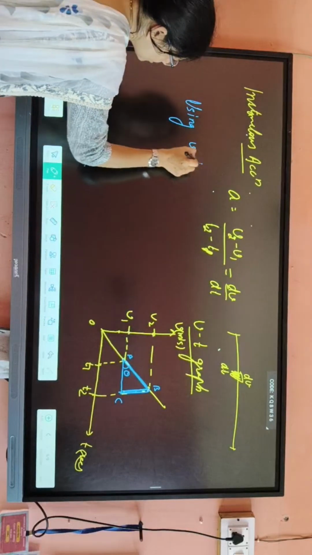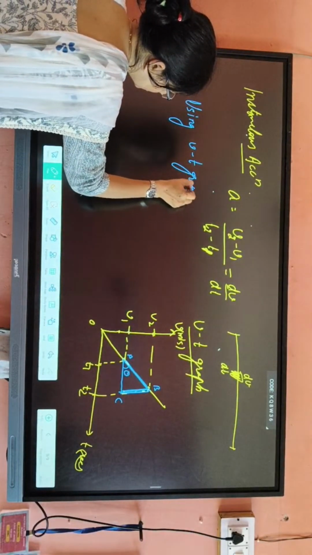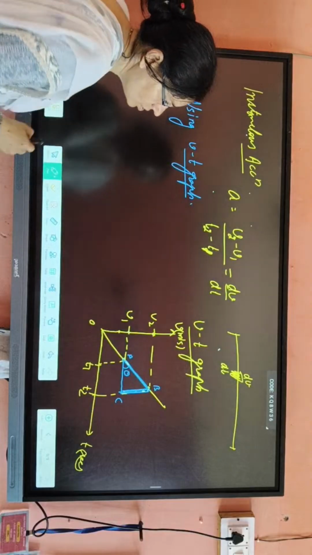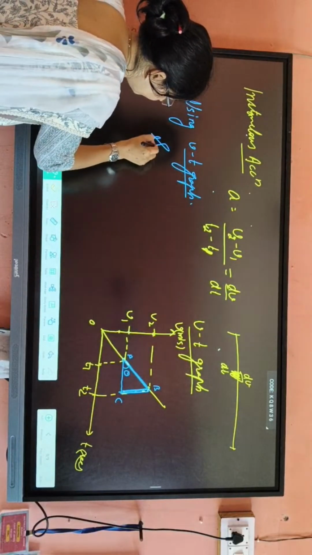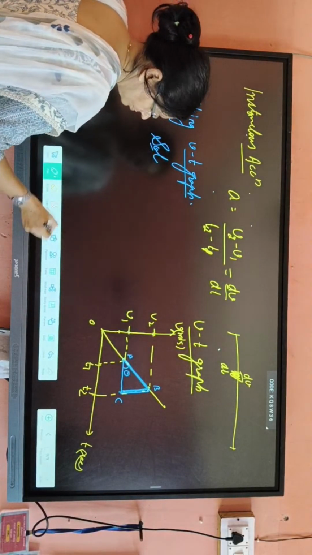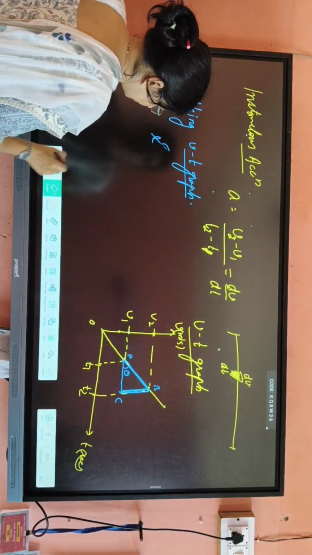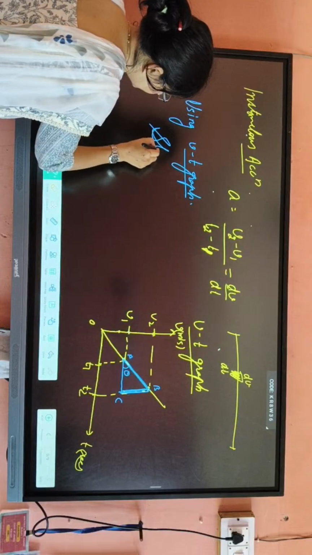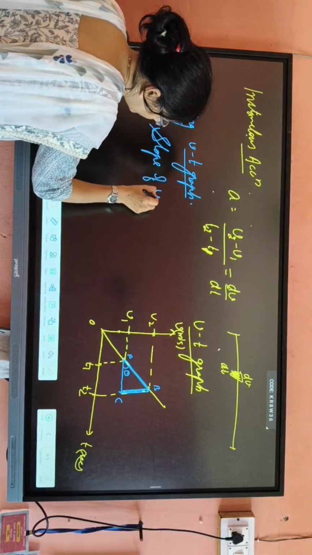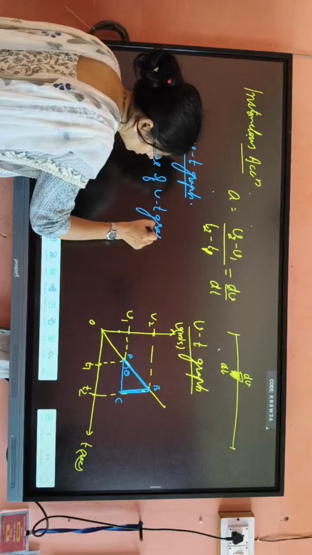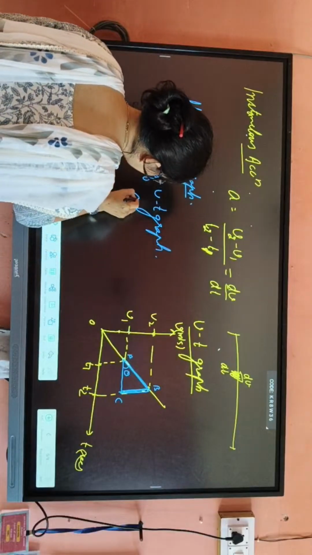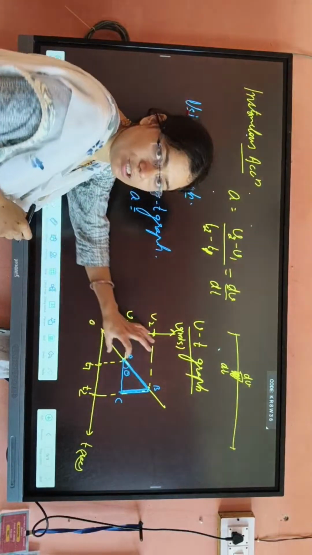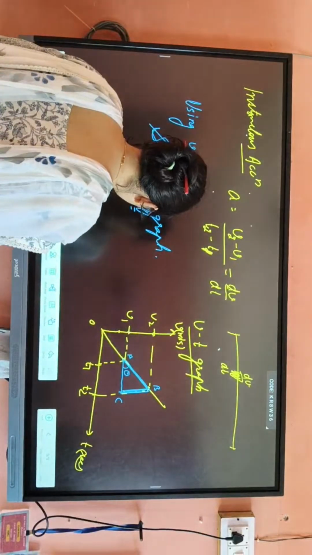Using velocity time graph, we can write the slope of the velocity time graph, we can write there a equal to this one, slope of vt graph.